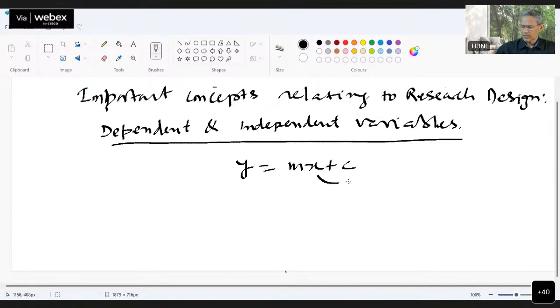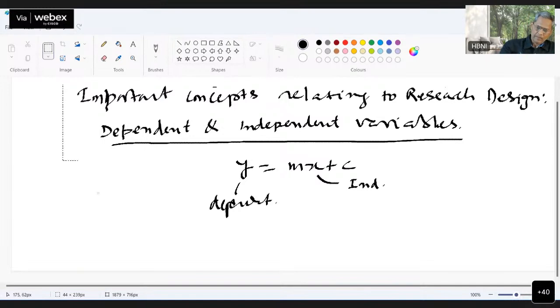So this will always be the independent variable, and this will be the dependent variable. So you must know what is independent variable and dependent variable, because here y is depending on x through certain relationship. So you call y a dependent variable and x an independent variable. Okay.